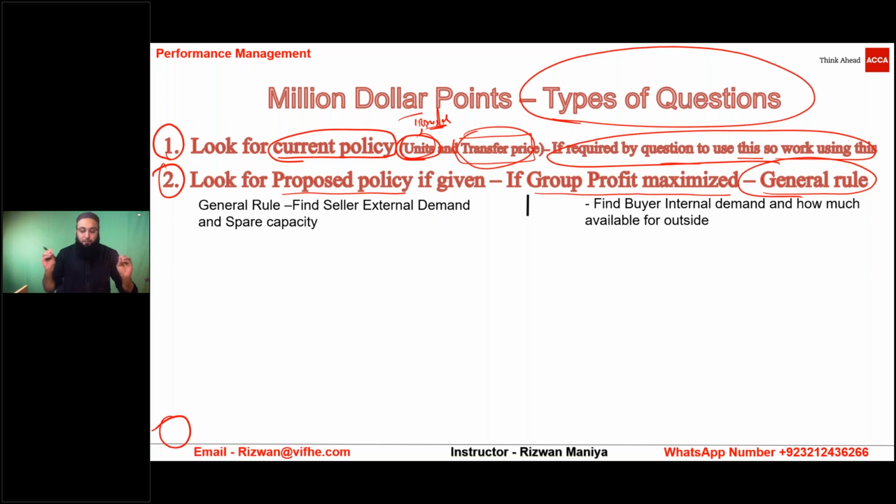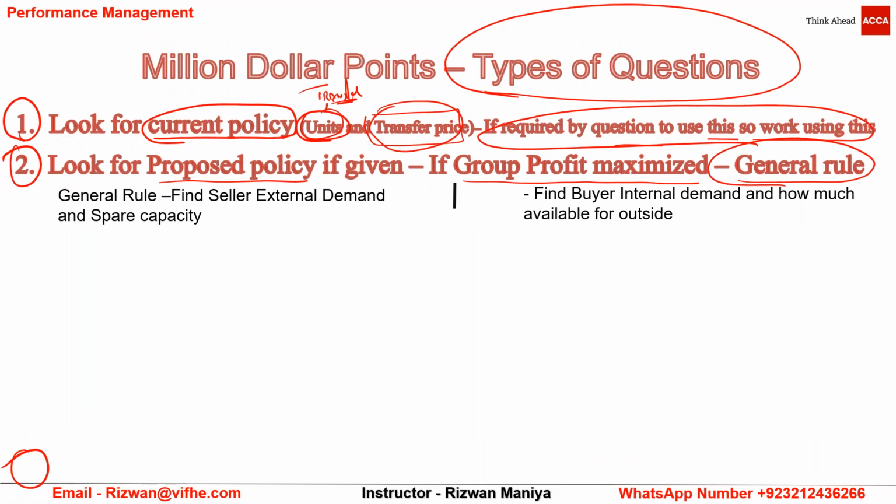You just keep these in your mind, and any question you pick up, you'll solve it, inshallah. The general rule that I explained earlier today, I've made certain rules keeping it in mind. Just follow those. That's it.